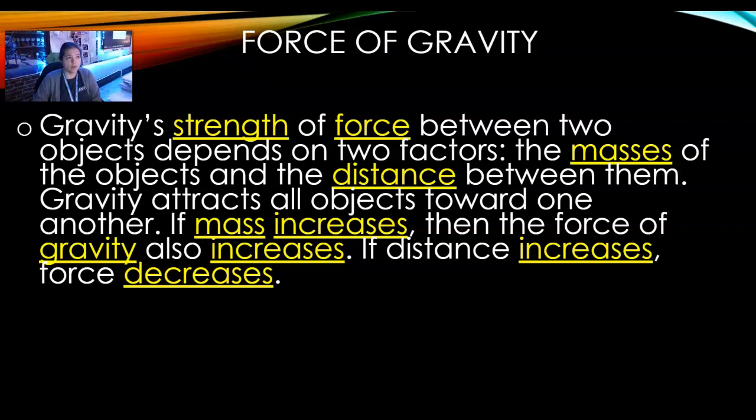So if I have a bigger mass, for instance, I'm going to use my little metal magnet balls. There's more mass to this one than there is to this tiny one. This has more force of gravity than this at the same distance.